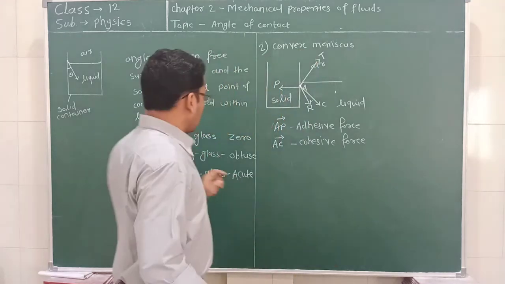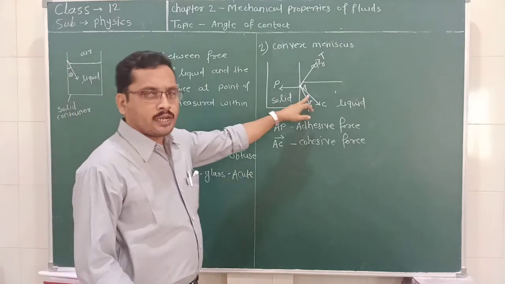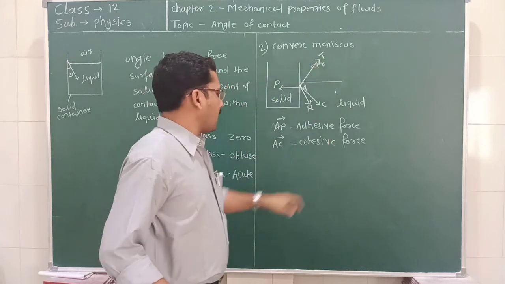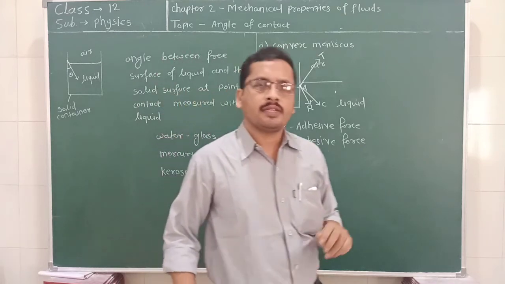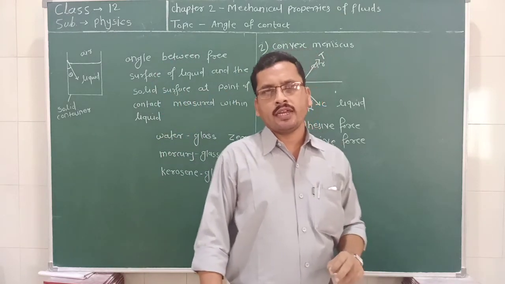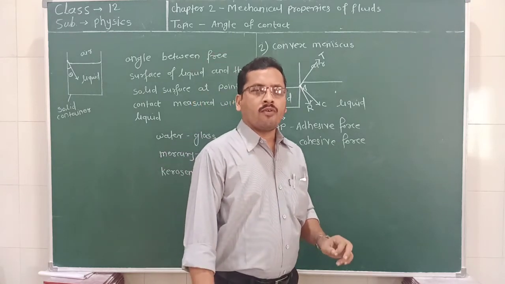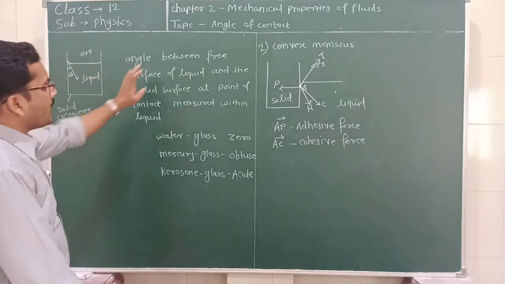So in the case of mercury and glass, such a condition arises in which there is a convex meniscus and the angle of contact is obtuse. What is obtuse? Obtuse means the angle which is greater than 90 degrees. So in this lecture, what have we seen? What is the angle of contact?